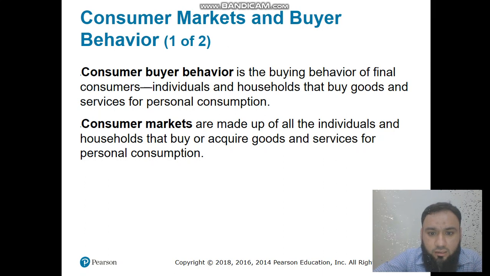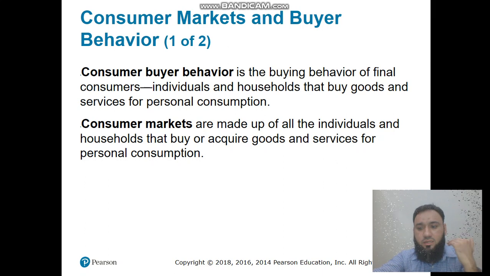We all are the customers, as individuals buying from the market. So it's about the households. Consumer markets focus upon individuals like us, and these involve the individuals and households that buy or acquire goods and services for their personal consumption.